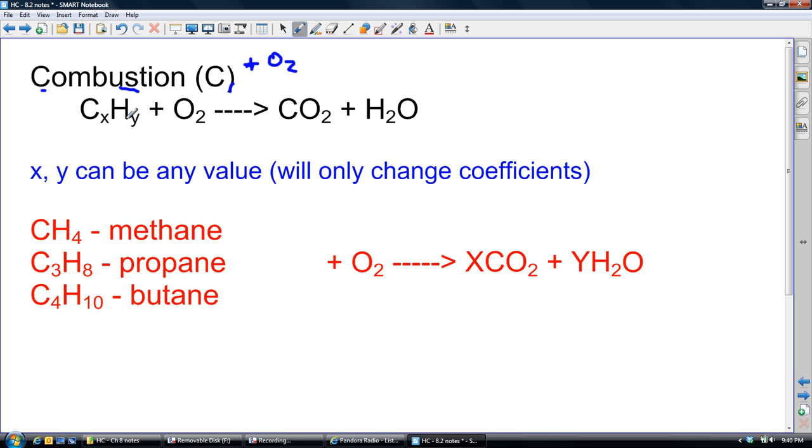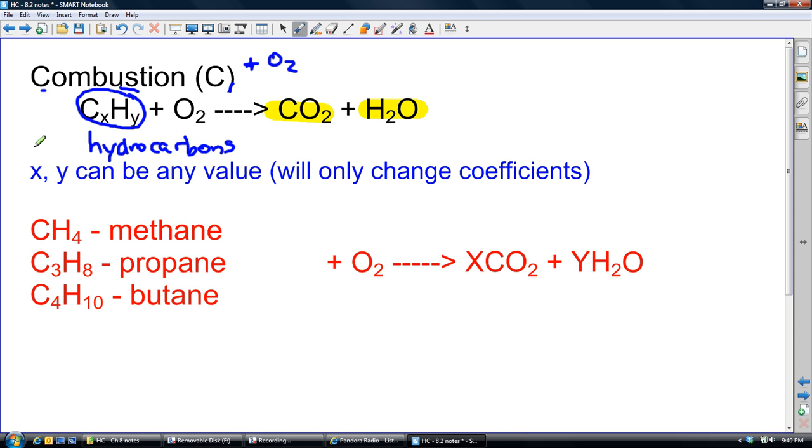More specifically, we're going to look at what we call carbon-hydrogen compounds. These are often referred to as hydrocarbons. So we're going to look at what happens when hydrocarbons burn in the presence of oxygen. Well, when they burn in the presence of oxygen, they make 2 things. They make carbon dioxide and they make water.